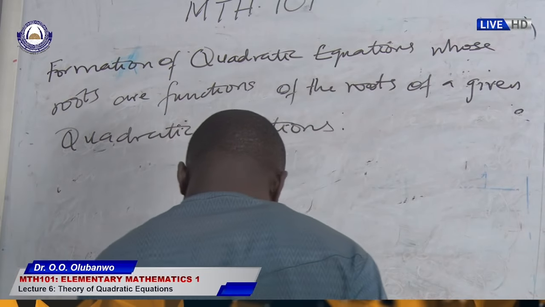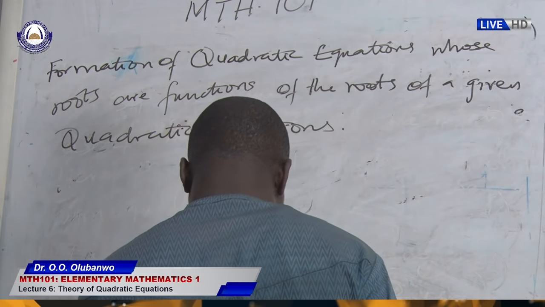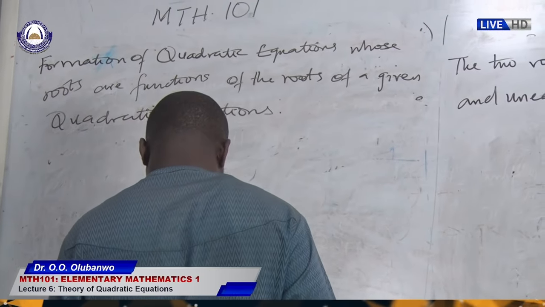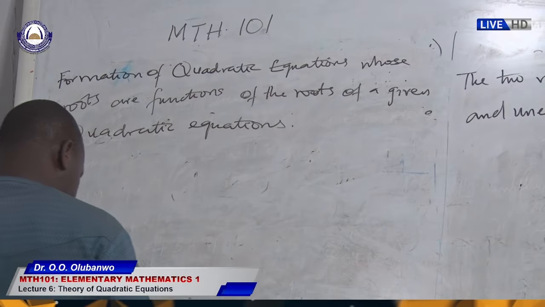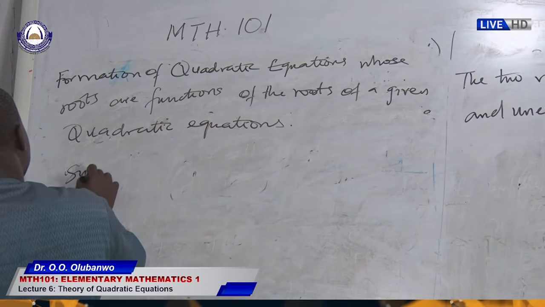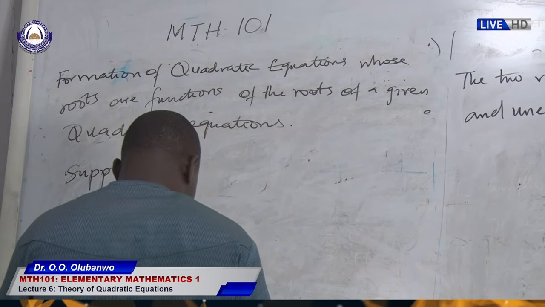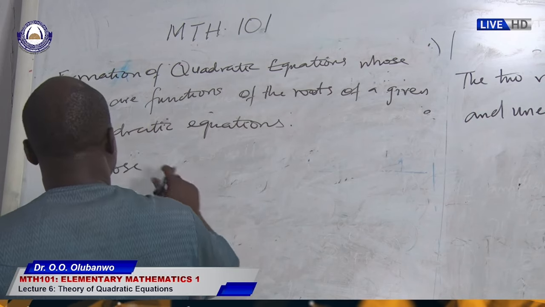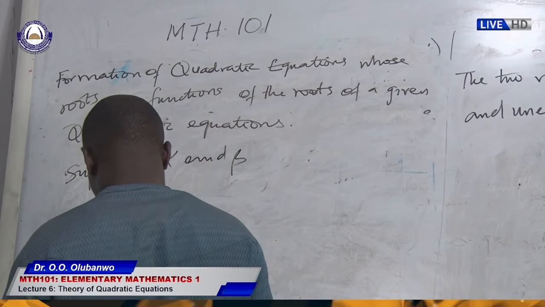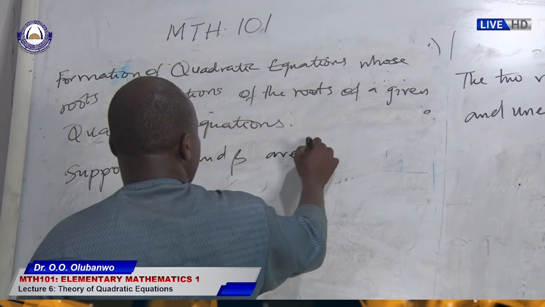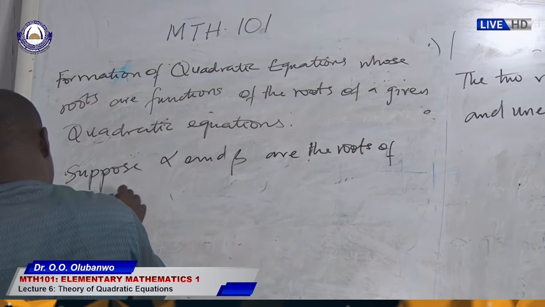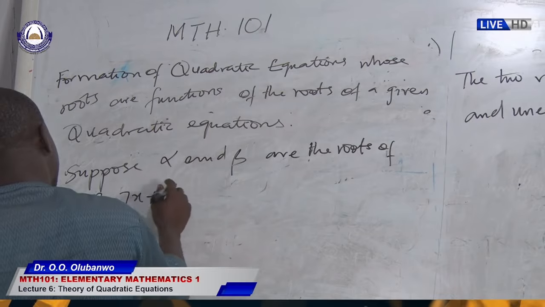Now, let's look at this problem. Suppose alpha and beta are the roots of x squared minus 7x plus 10 equals 0.